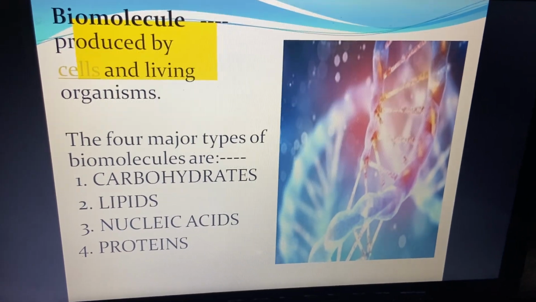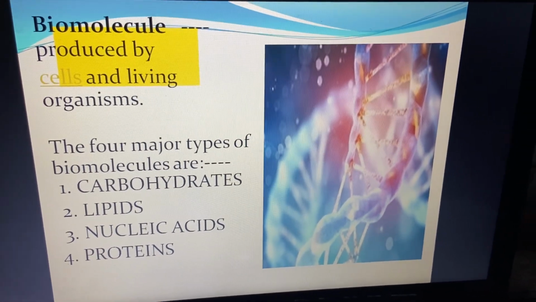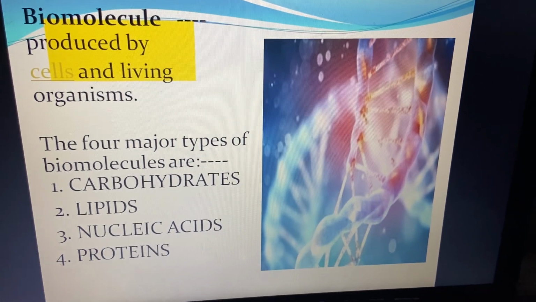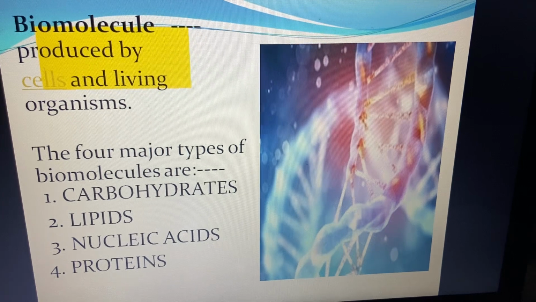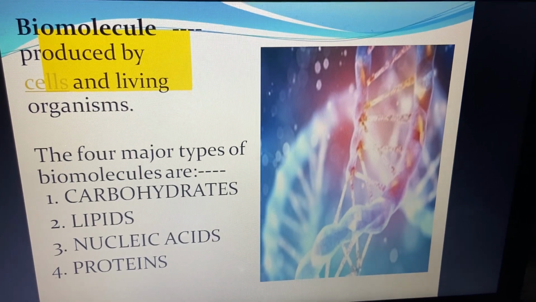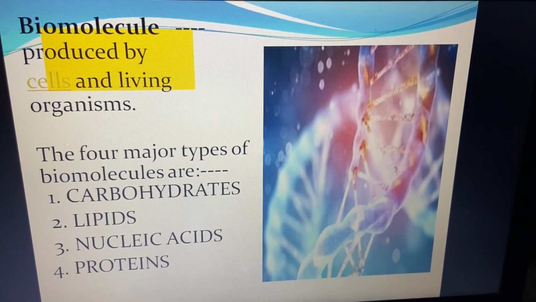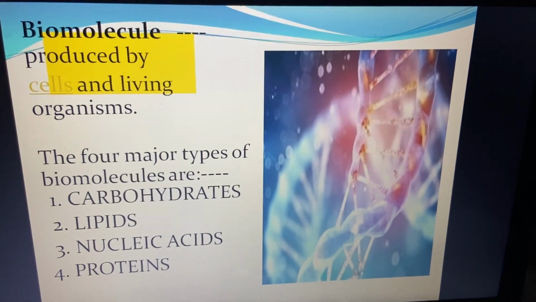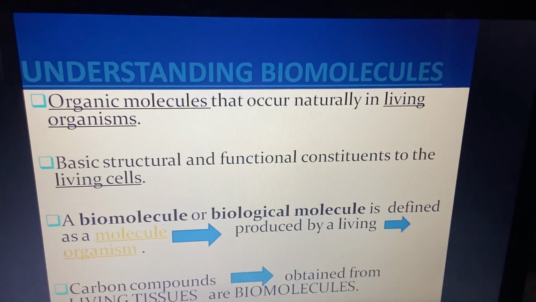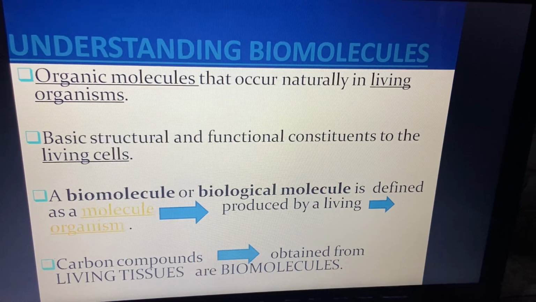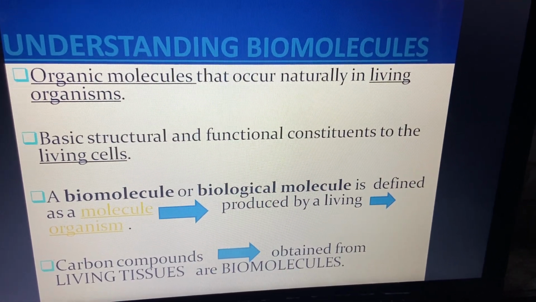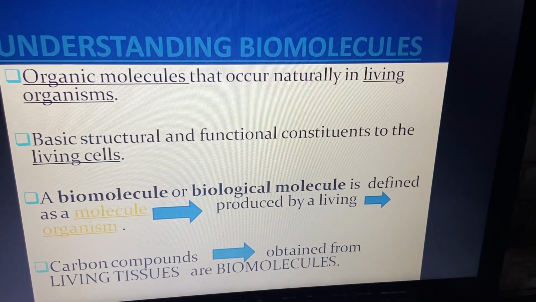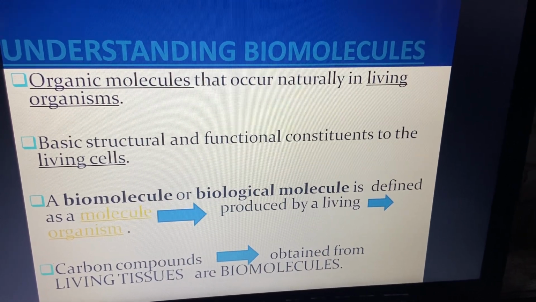Biomolecules are basically produced by cells and living organisms. The four major types of biomolecules we know are carbohydrates, lipids, nucleic acids, and proteins. These are organic biomolecules produced by the living cells, carbon compounds obtained from living tissues.